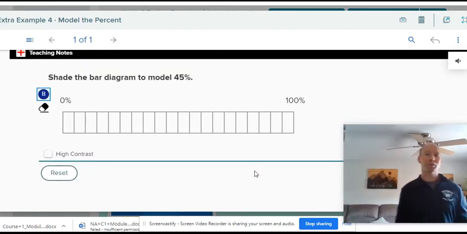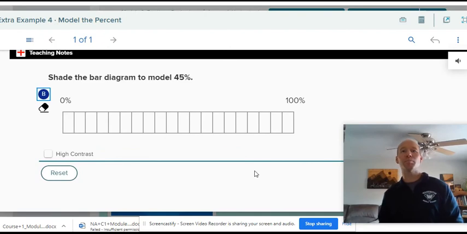All right, so this one's going to ask us to do something. It's going to shade the bar diagram to model 45%. All right, what is the value of each of these rectangles inside of the bar? Well, there are 1, 2, 3, 4, 5, 6, 7, 8, 9, 10 that goes halfway up. So I know there's 20 in total.